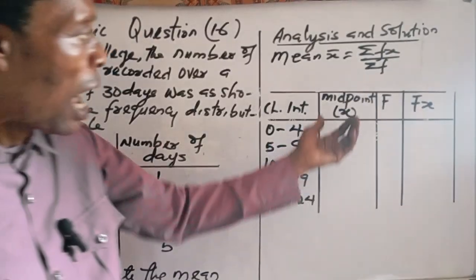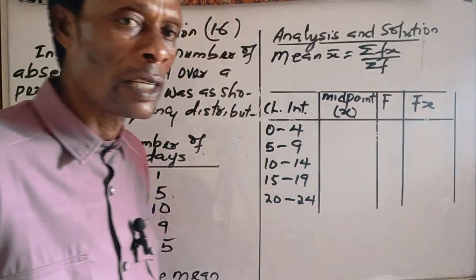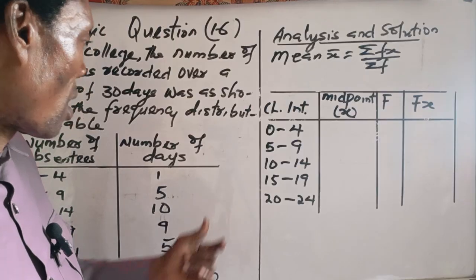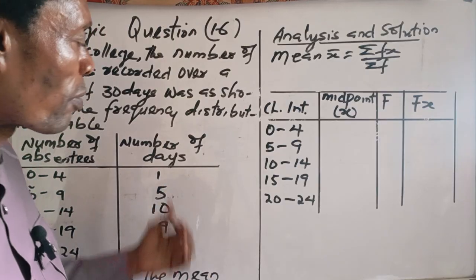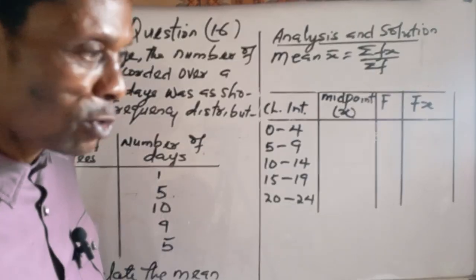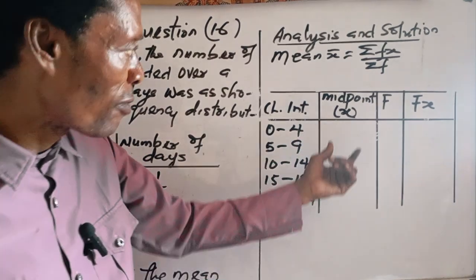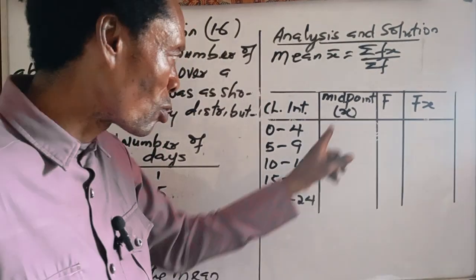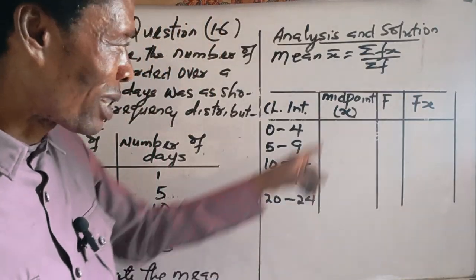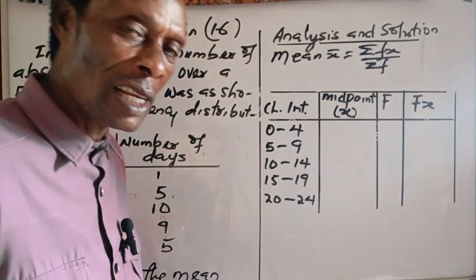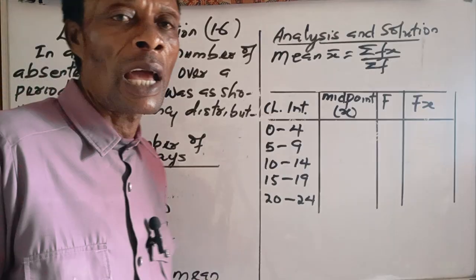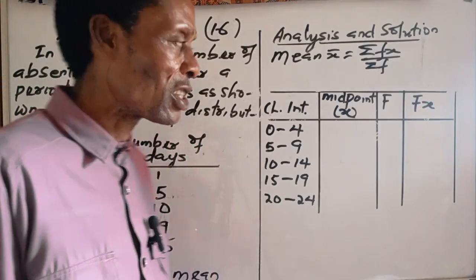So how do we generate the midpoint? Because in calculating the mean for a frequency distribution, there is need for us to know the value of x. Without getting the value of x, there is no way you'll be able to calculate the mean under grouped frequency distribution.